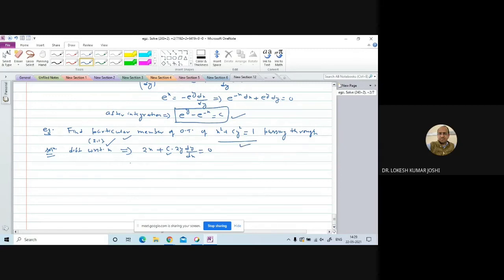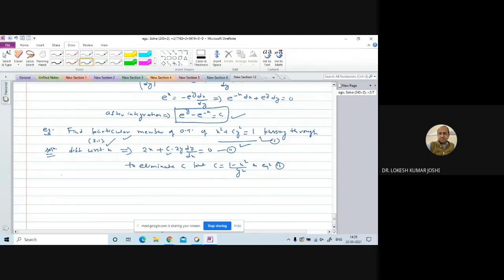Therefore, just write, to eliminate c, put c equals (1 minus x square) upon y square. Say this is equation number 1, and this is equation number 2. In equation number 2, put c equals (1 minus x square) upon y square.